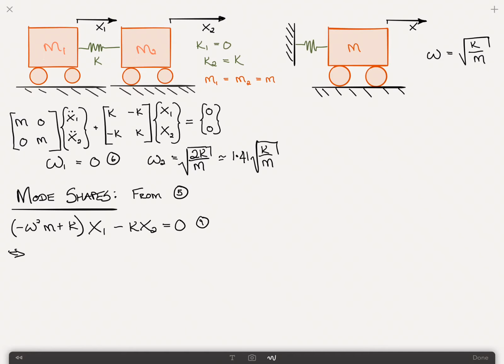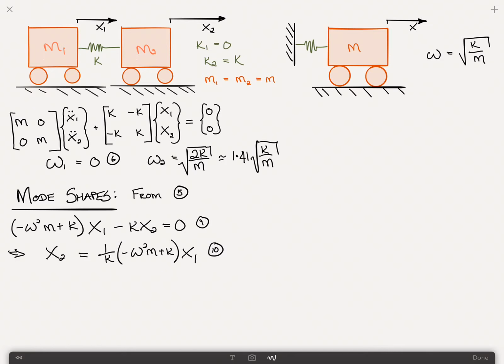Rewriting it, we can write it in terms of x2 as x2 is equal to 1 over k times minus omega squared m plus k times x1. We'll call that number 10. Right. And then we can pick one of them because these equations are linearly dependent.